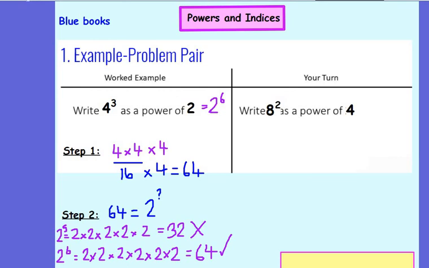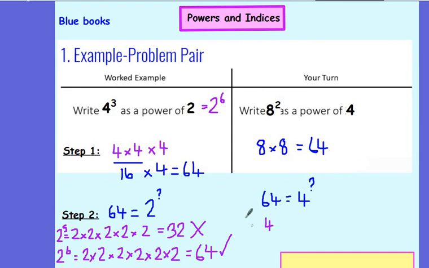Okay, so my step 1 was to work out what 8 squared is. 8 squared is just 8 times 8, which gives me 64. I've now been asked, what's 64 as 4 to the power of something? And I want to work out what that something might be.